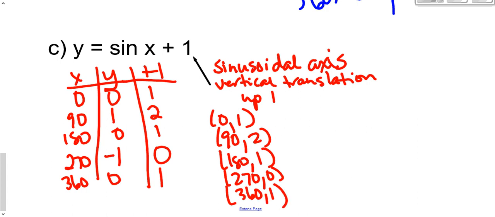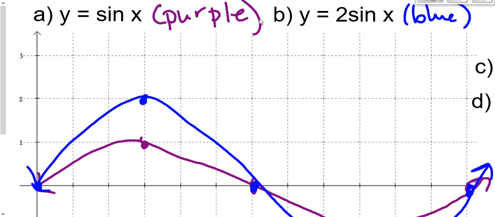All right, so let's go ahead and plot those on our graph. There we go. And this one is going to be in red.